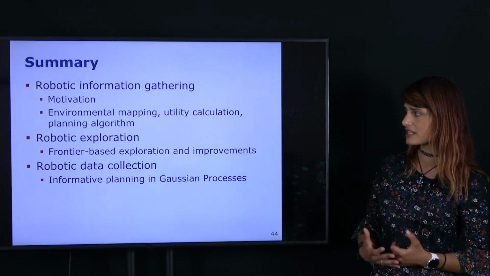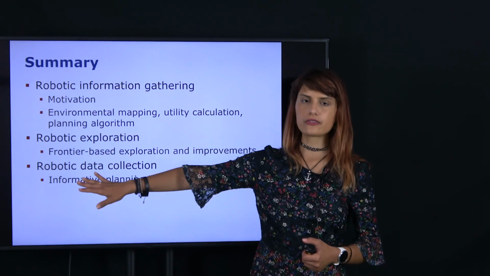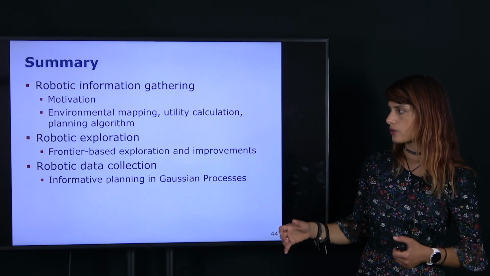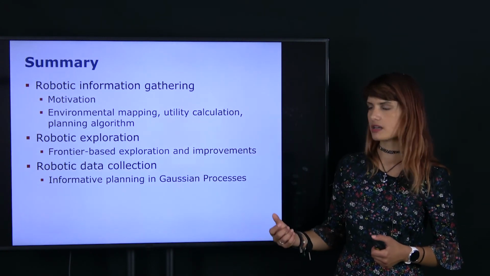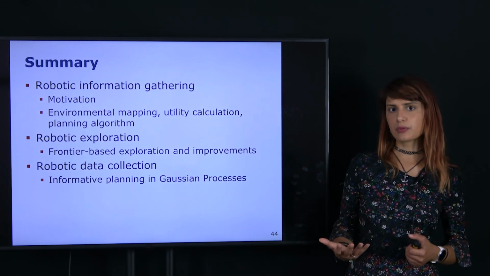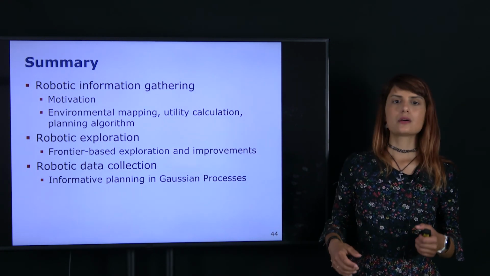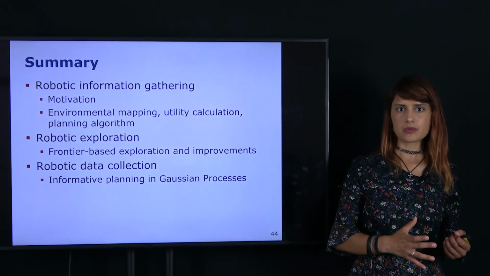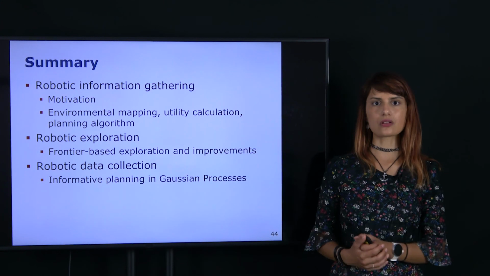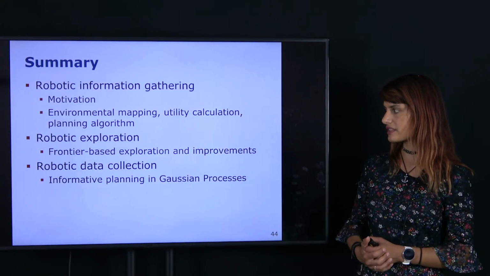And finally, in the last part of the lecture, we focused on robotic data collection and environmental monitoring, where we maintain a map of some environmental phenomenon we're interested in observing, typically using a Gaussian process. We derived some information theoretic measures to develop utility functions and saw some practical planning algorithms that we could use in these applications.